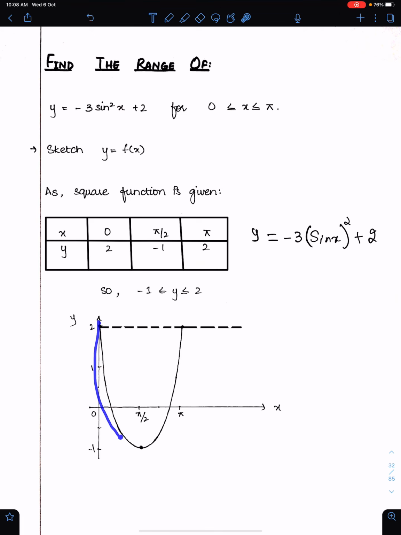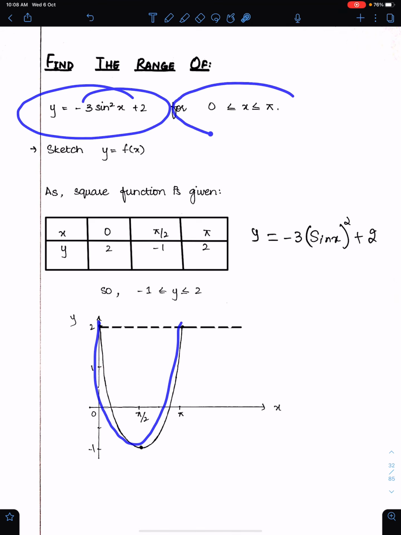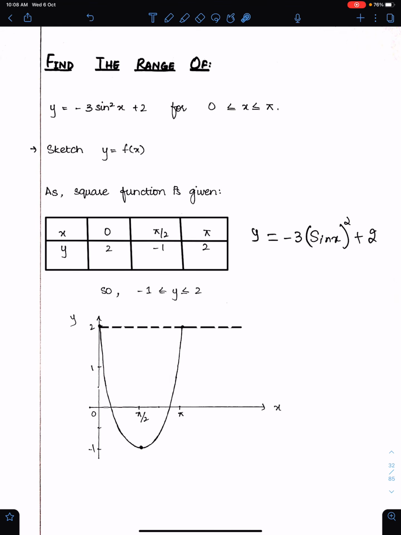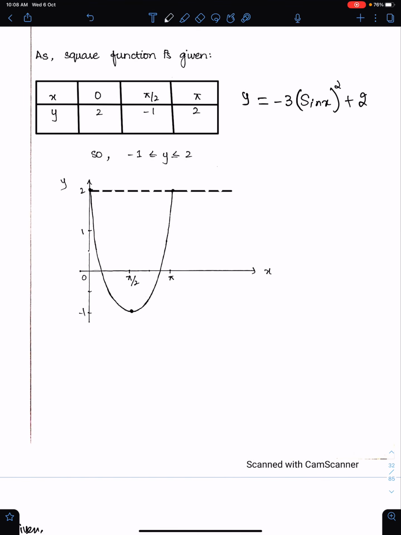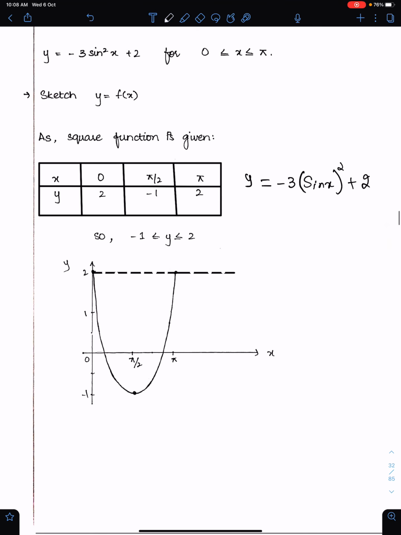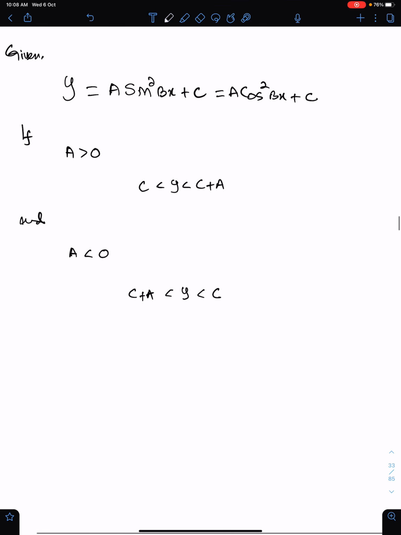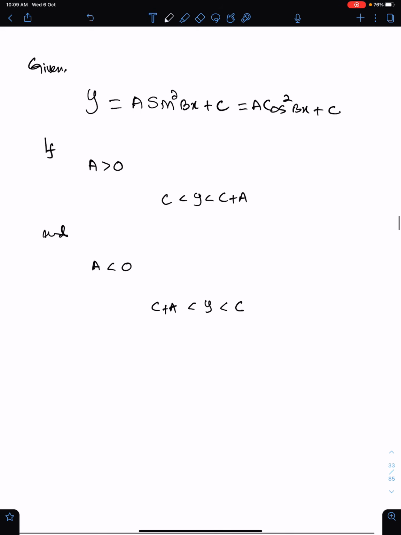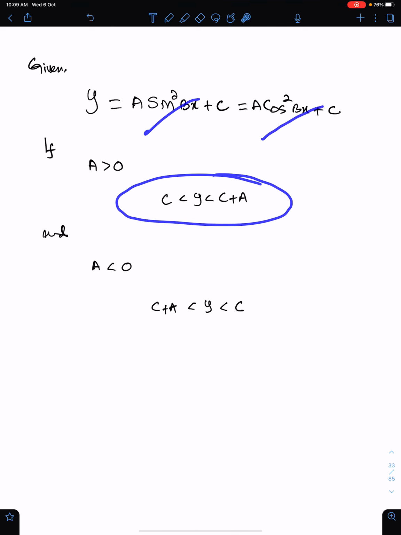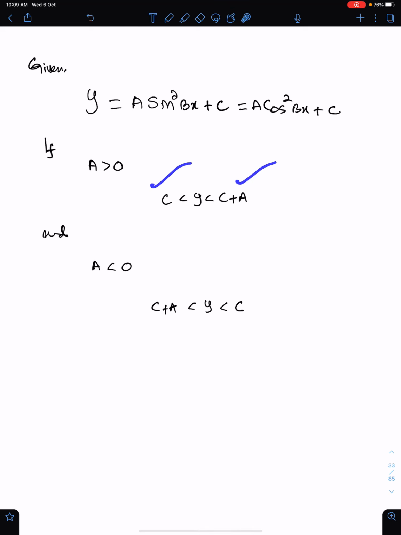And this is the sketch of this function for this domain. You can also get the range with the help of this formula. For power 2 functions of sine and cos, this is the range when a is positive. C is minimum, C plus A is maximum.